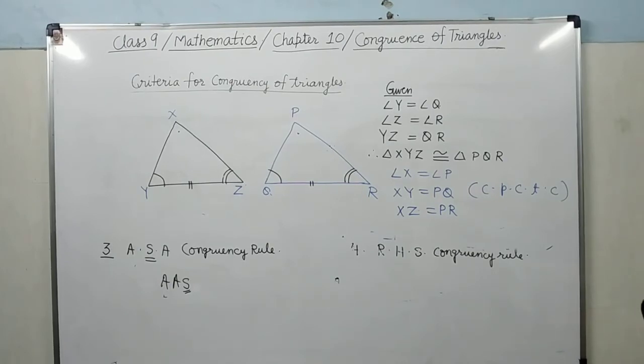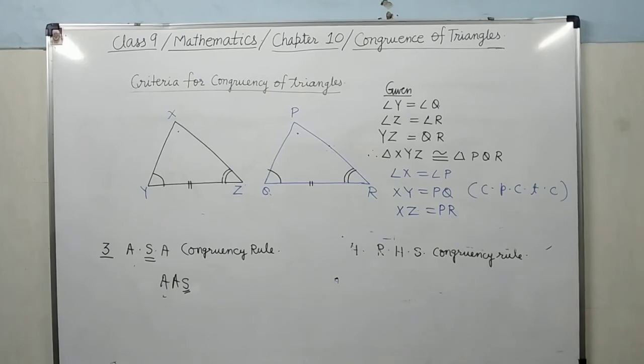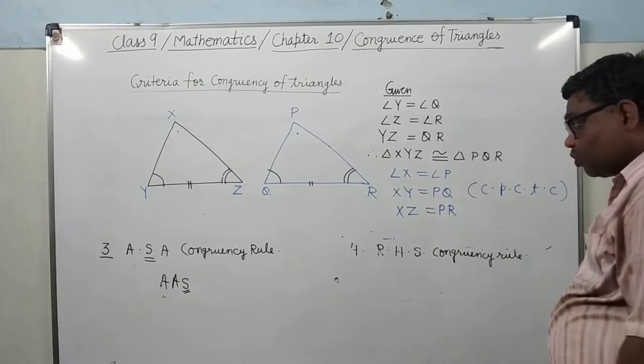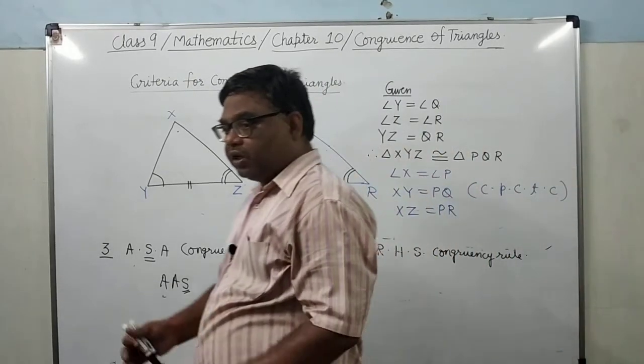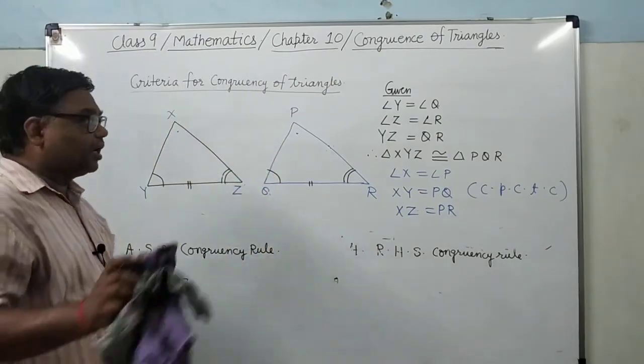It's clear? Now I am coming to the last congruency criteria. It is the RHS congruency rule. RHS congruency rule applies only for the right angle triangle.